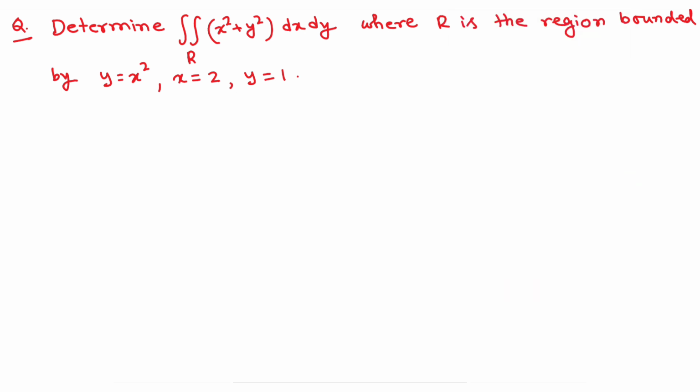Okay, so determine double integration over R x square plus y square dx dy, where what is R? R is the region bounded by these three curves.